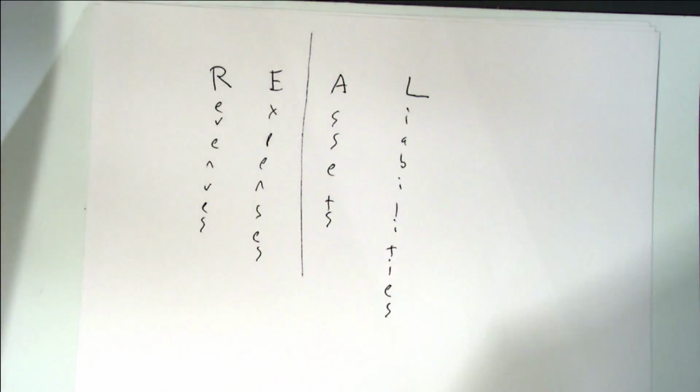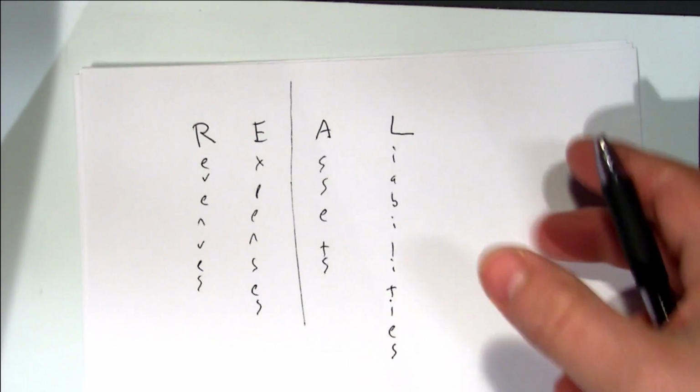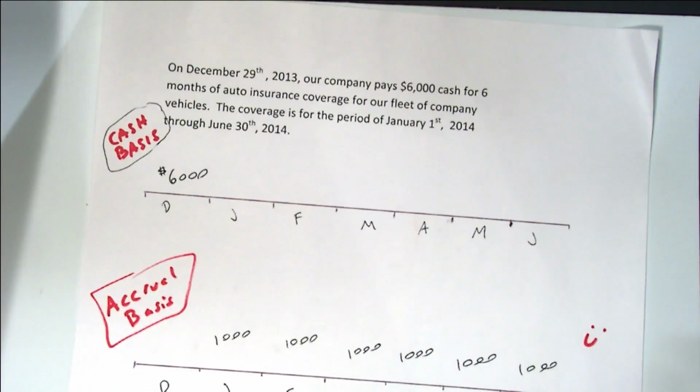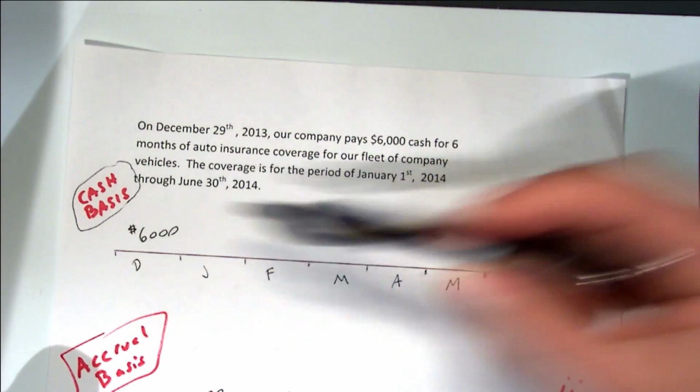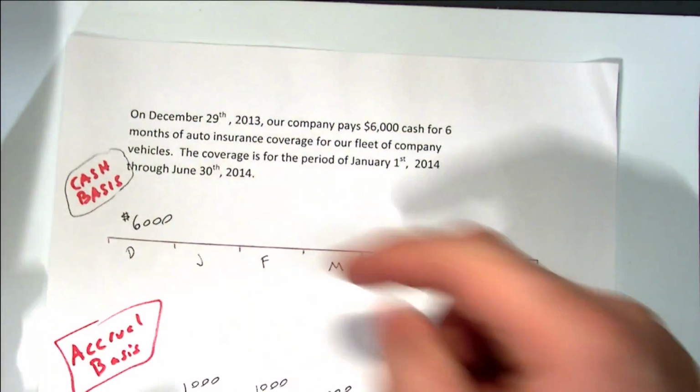Okay, now let's go back to the example that we were working through. Now, we know that this is the cash basis. We're not going to do that, right? So let me do a little origami here.